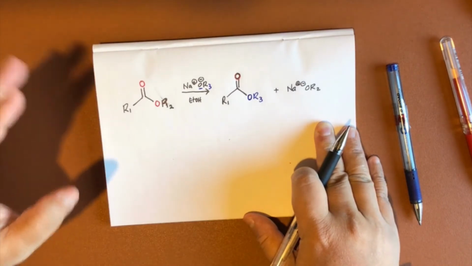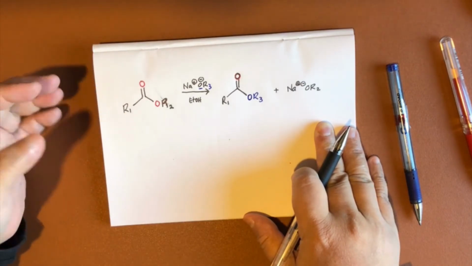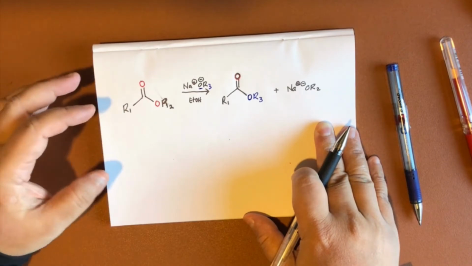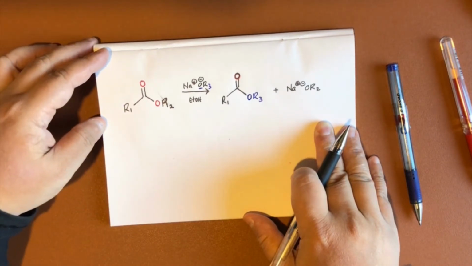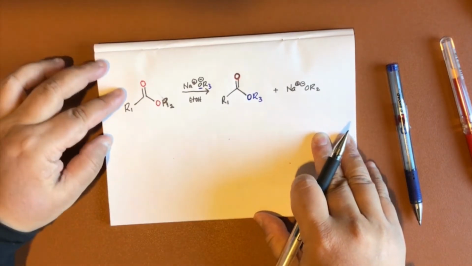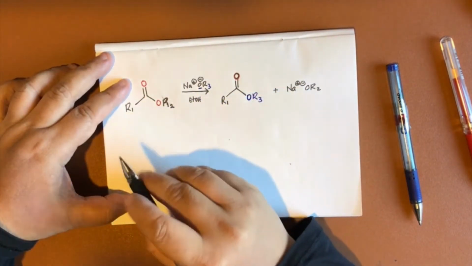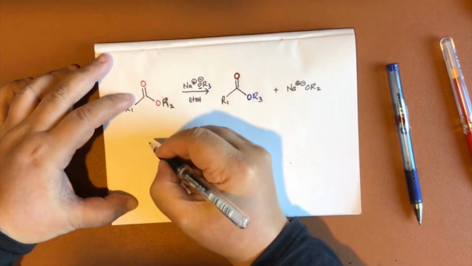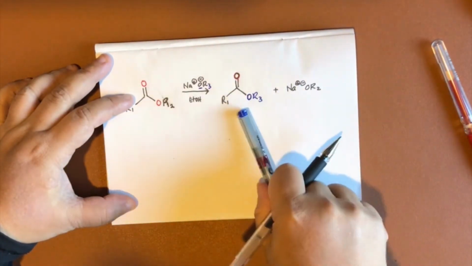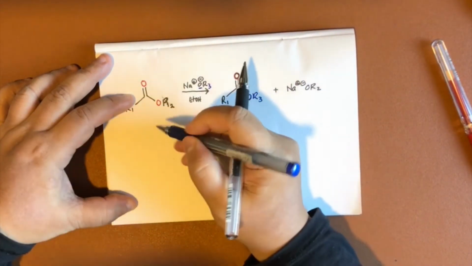The mechanism seems to be simpler than the esterification of a carboxylic acid with alcohol and acid. Let's take a look at this one, for example. If we have an alkoxide, since we used blue already, we're going to use blue again.